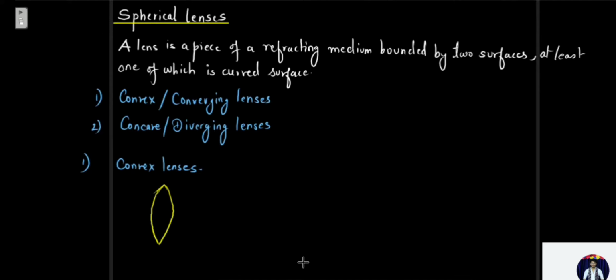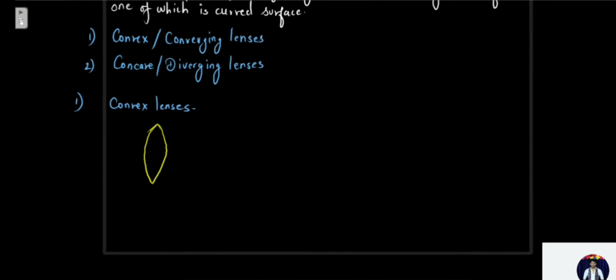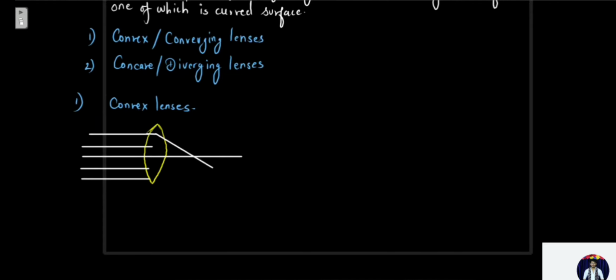If we draw the rays over here, the rays which come like this, we'll look at this in detail, after refraction these rays are going to pass through a common focus, a single point on the principal axis, something like this.